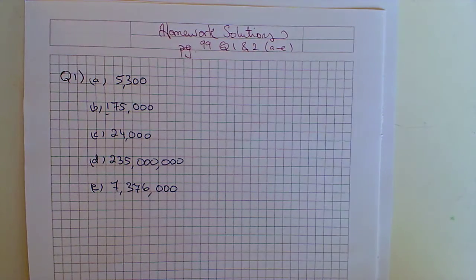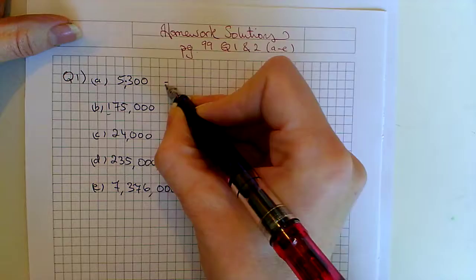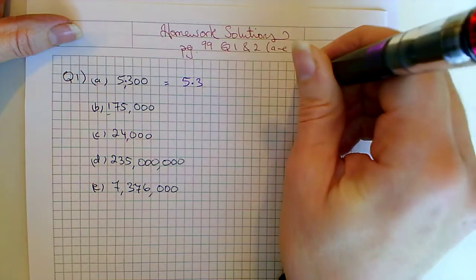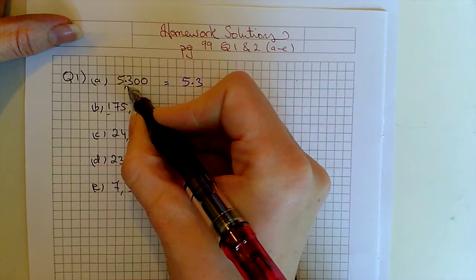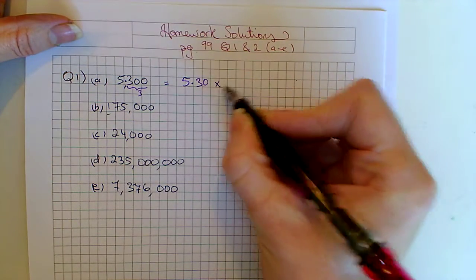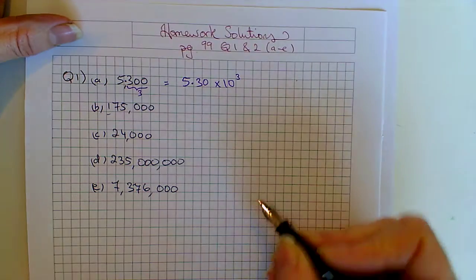So the question didn't specify a number of decimal places, but the default in maths is always to use 2 decimal places. So we're going to write this as 5.3 or 5.30 if you prefer, multiplied by, I have 3 spaces after the decimal point, multiplied by 10 to the power of 3.